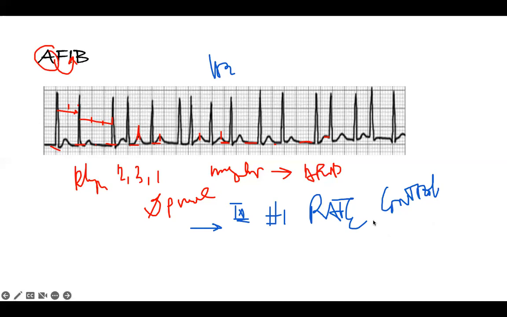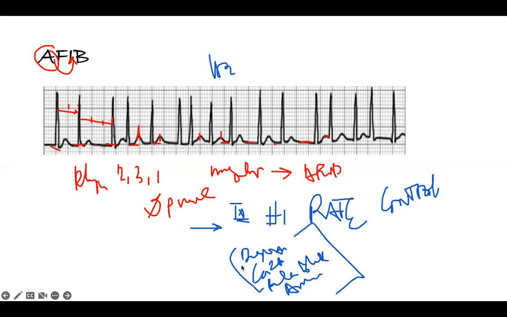So rate control. All the medications that can slow the heart, you can pick one. Digoxin, you can pick it. Calcium channel blocker, you can pick it. Beta blocker, you can pick it. Amiodarone. So there's a bunch of medication. If you have a SATA question, digoxin is a treatment for AFib.